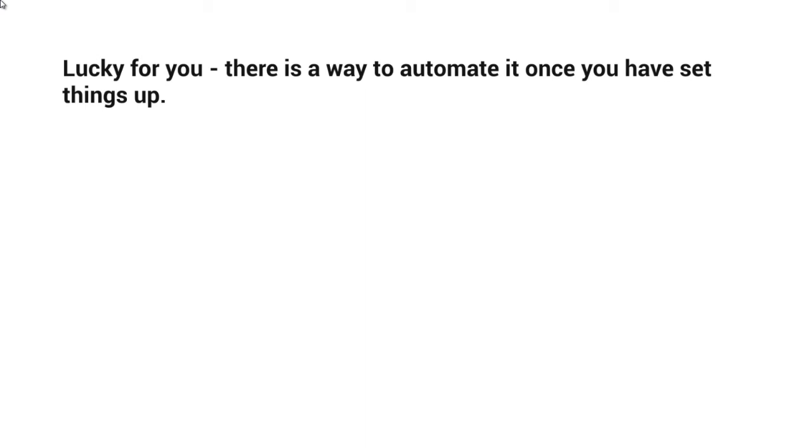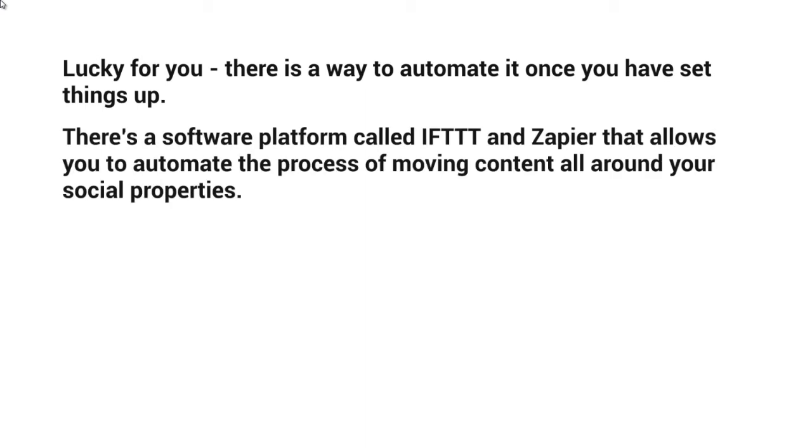Getting things set up is the tedious process. Now, there's a software platform called IFTTT, and there's another one called Zapier.com that allows you to automate the process of moving content all around your social properties. So you could take a YouTube video and have it pushed to your WordPress site.